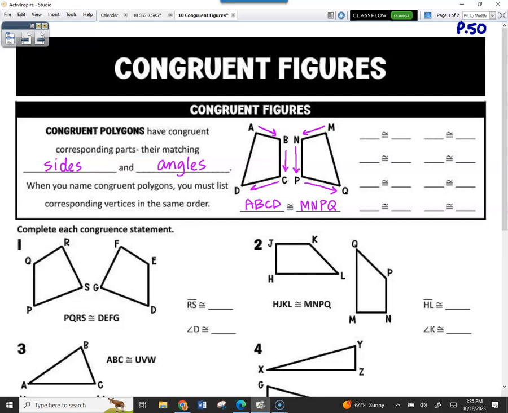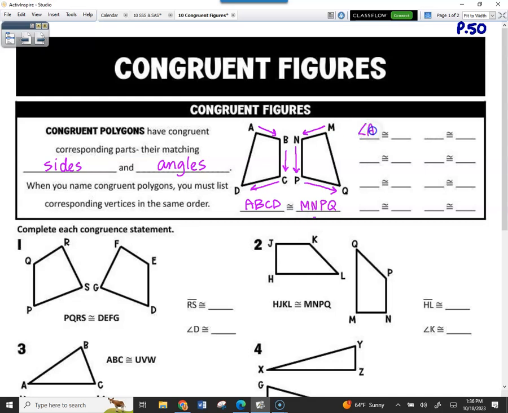Now, once you have a congruence statement, you can actually list out all the parts that are congruent to each other. So, for instance, since A comes first, angle A would be congruent to angle M, because M comes first in the name of the second shape.